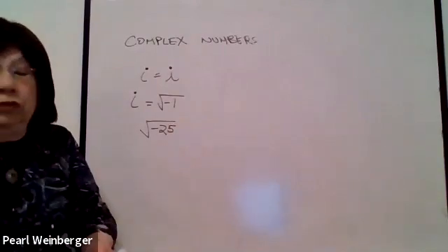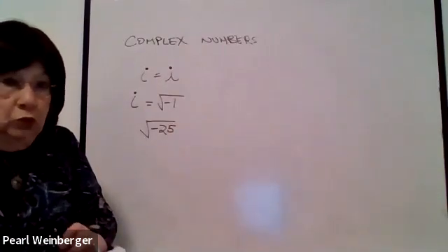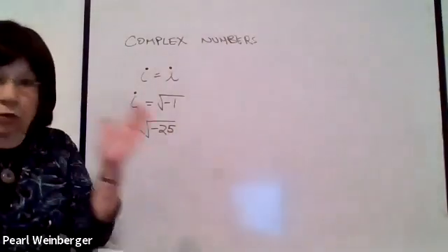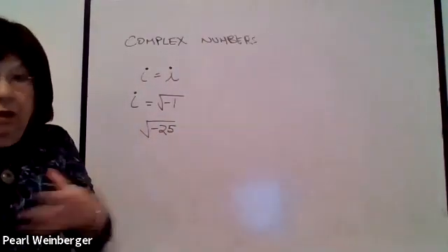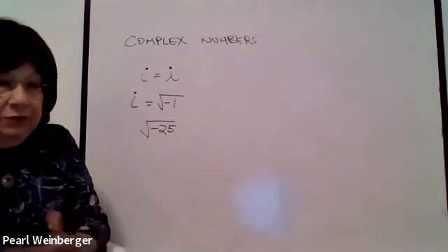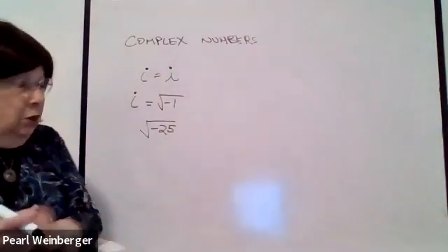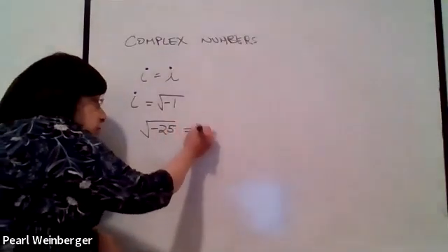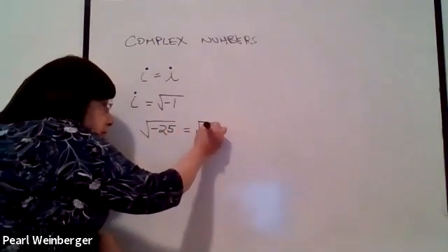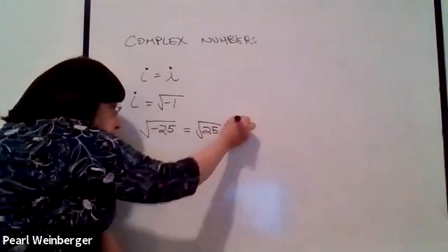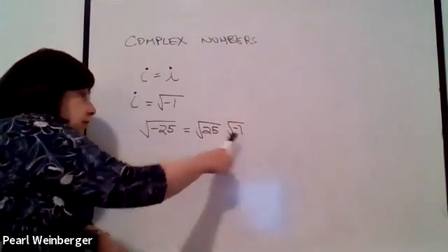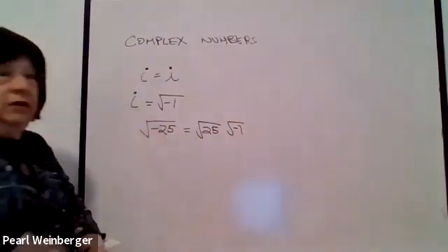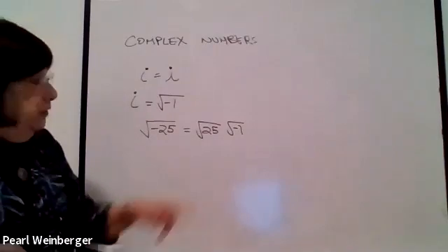Well, all the rules that apply to regular numbers, all the rules of algebra, apply in this complex number system as well. So I could break this up into the square root of 25 and the square root of -1, because 25 times -1 is -25.